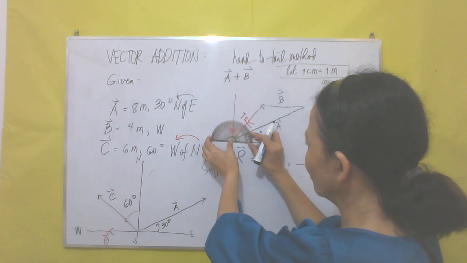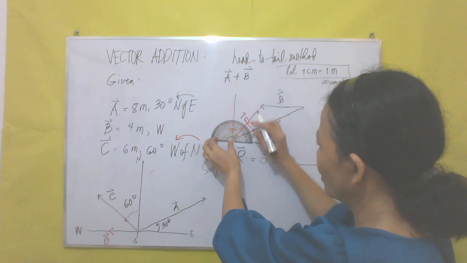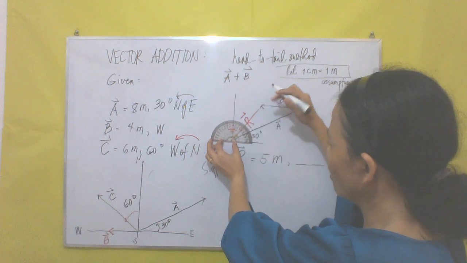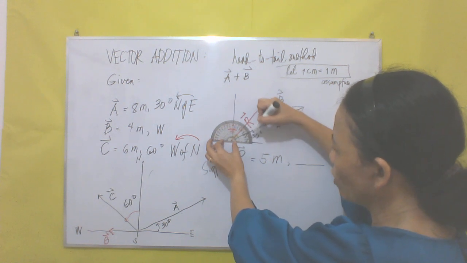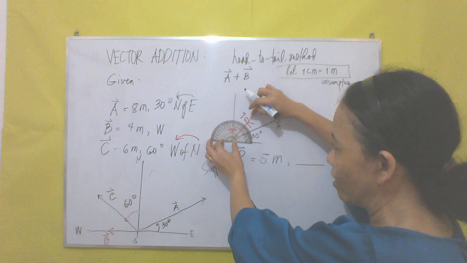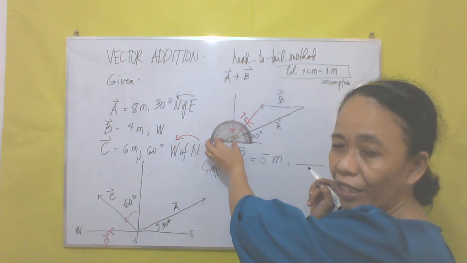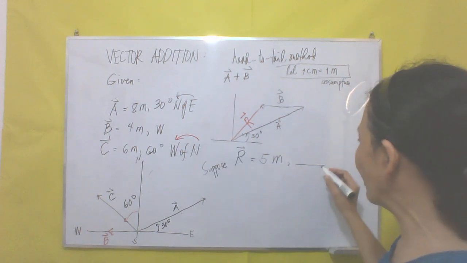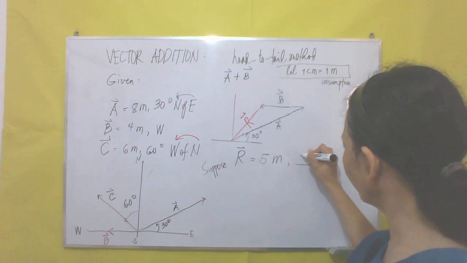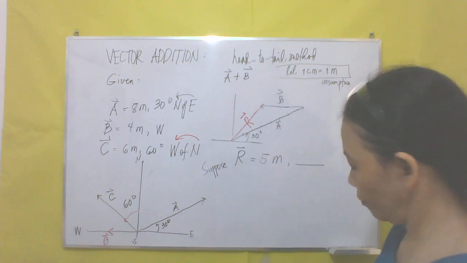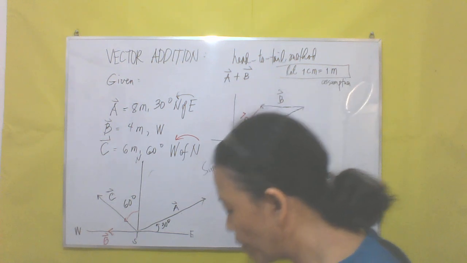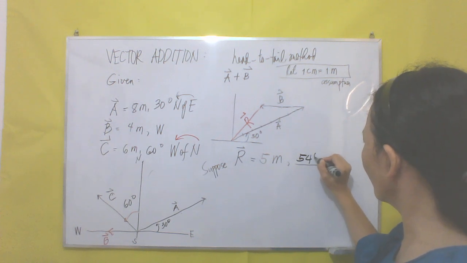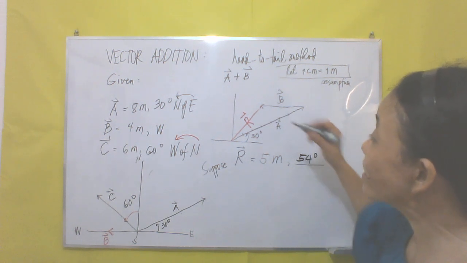Measure now the angle. Position your protractor here at the origin, then try to measure the red line that indicates the resultant vector. Supposing this is 54 degrees.